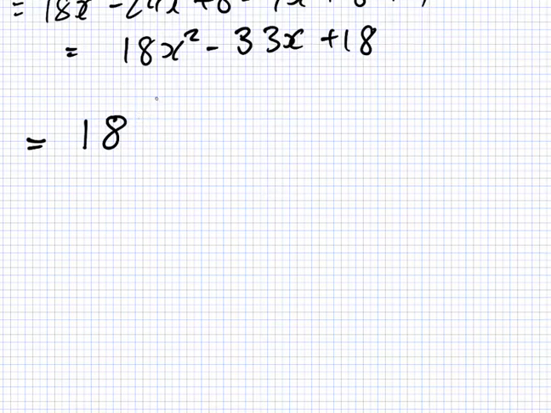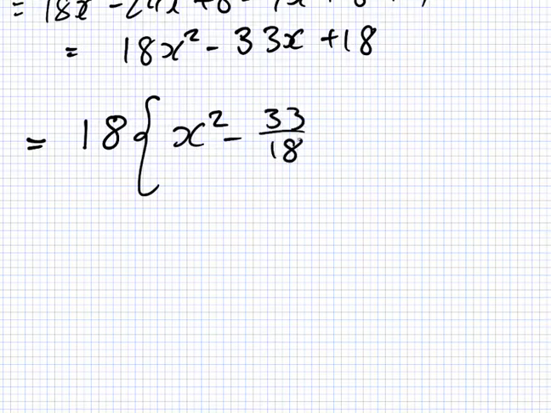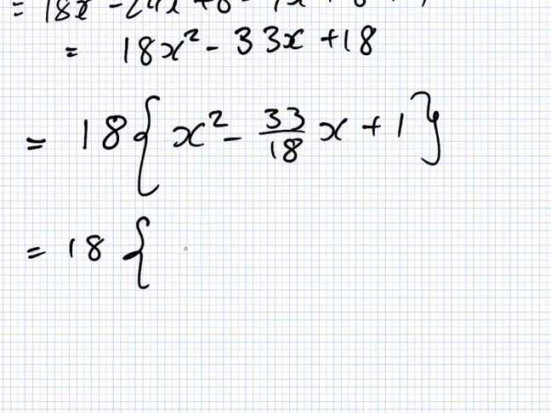Alright, I'll take 18 out. This is going to be ugly. Minus 33 over 18 x plus 1. This is 18. Right, 33 divided by 18 divided by 2, so that would be minus 11 over 12 x, squared.